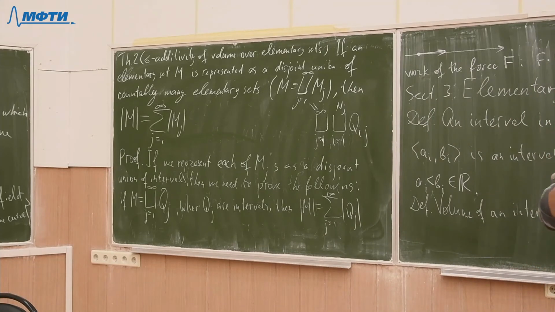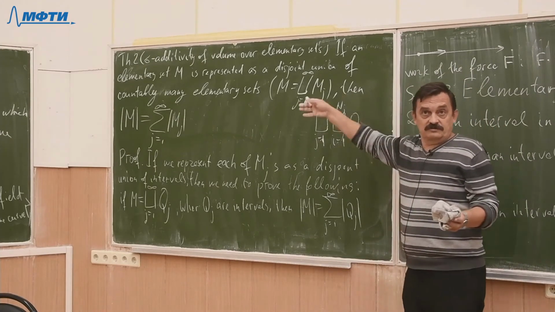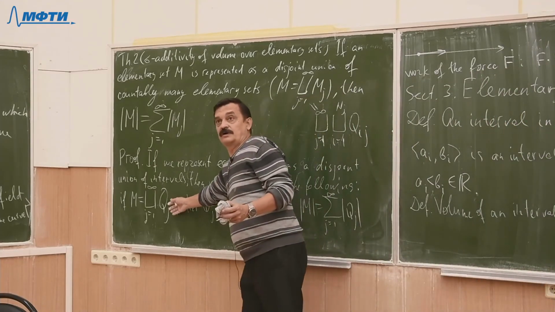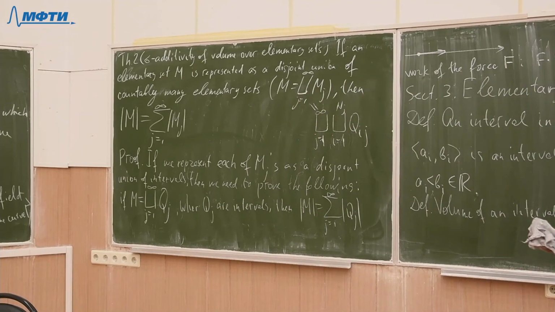Each of the elementary sets you represent as a union of intervals. Altogether, you have countably many intervals, right? And that is written here. So, then what do we do?